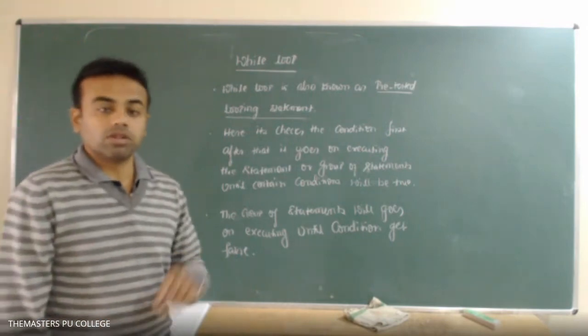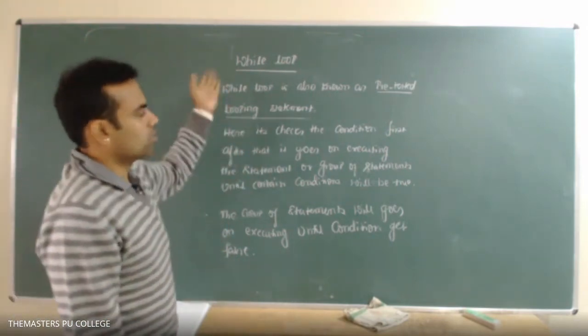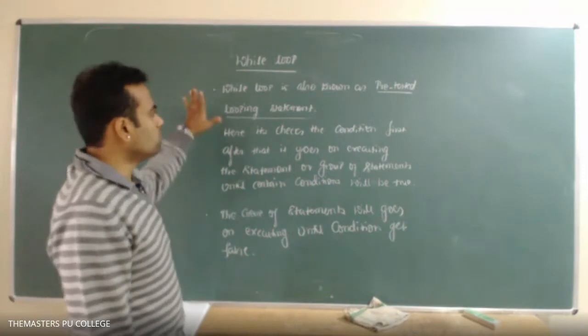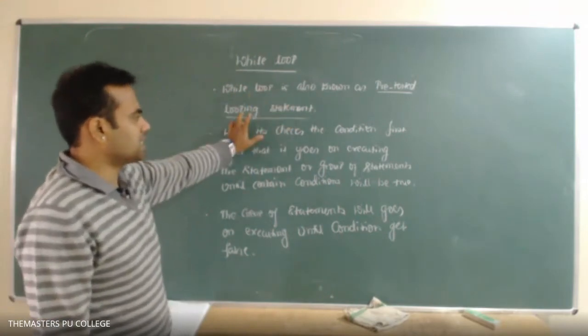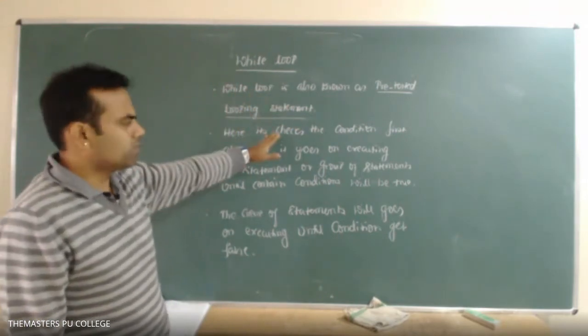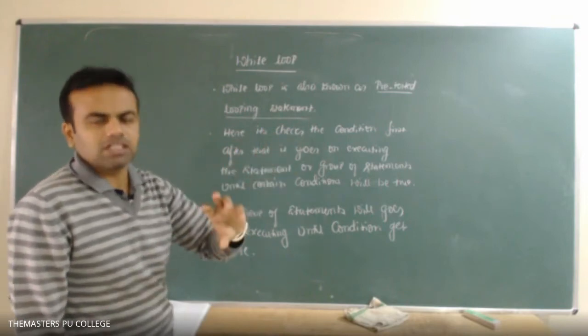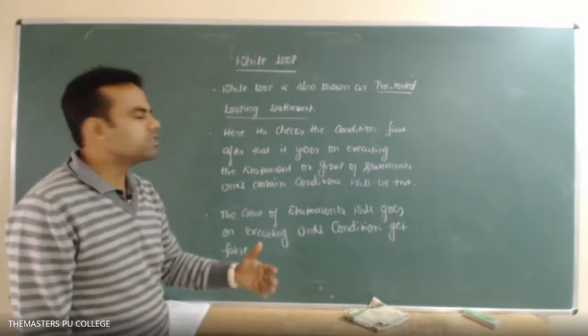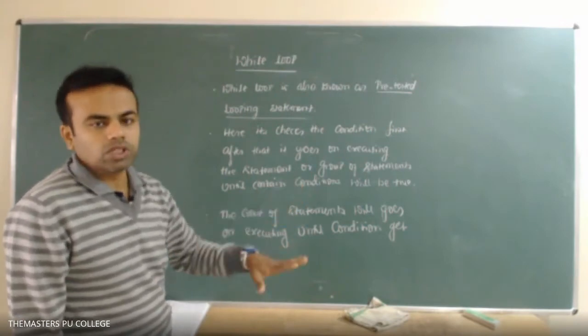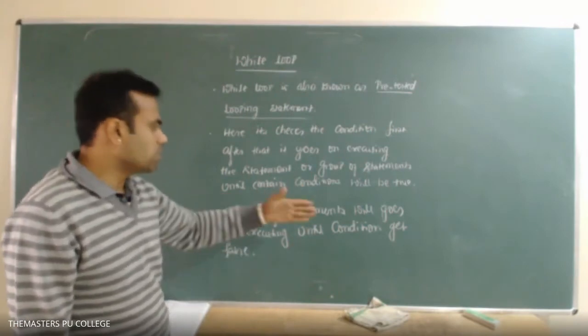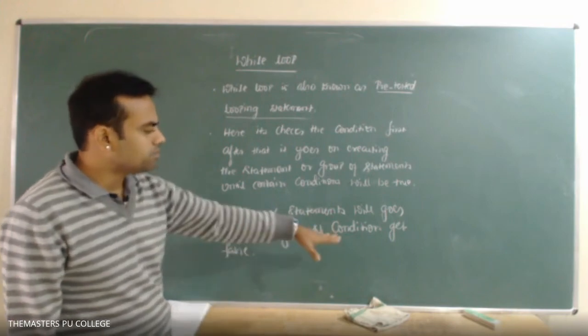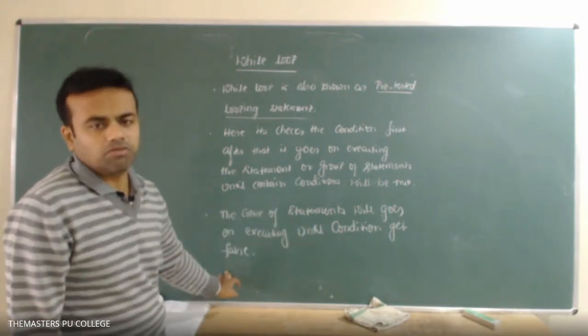Next I will ask you about the do while loop. This is a while loop. The while loop is also known as a pre-tested looping statement. First it checks the condition, and then it goes on executing a single statement or multiple statements until the condition gets false.